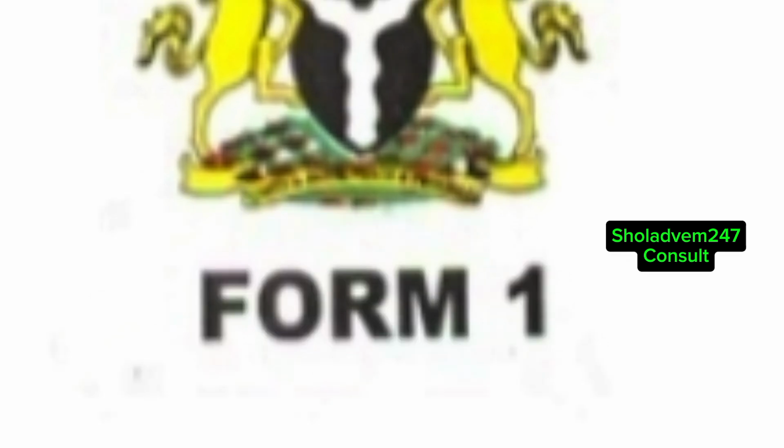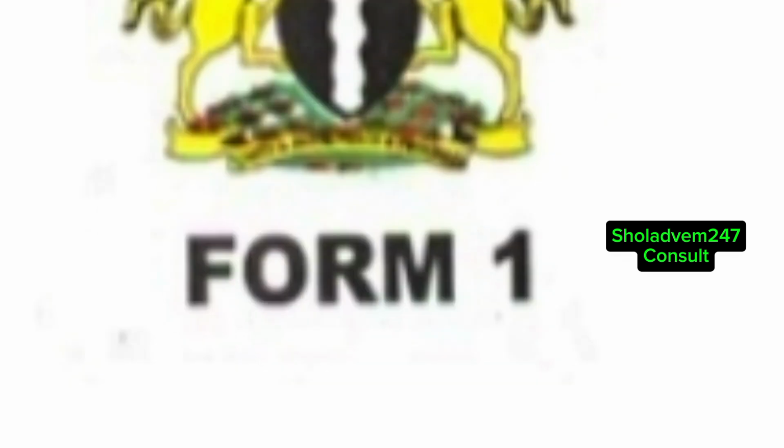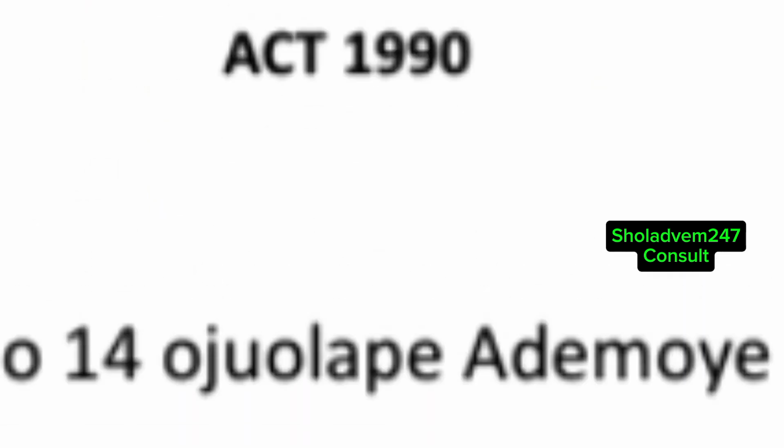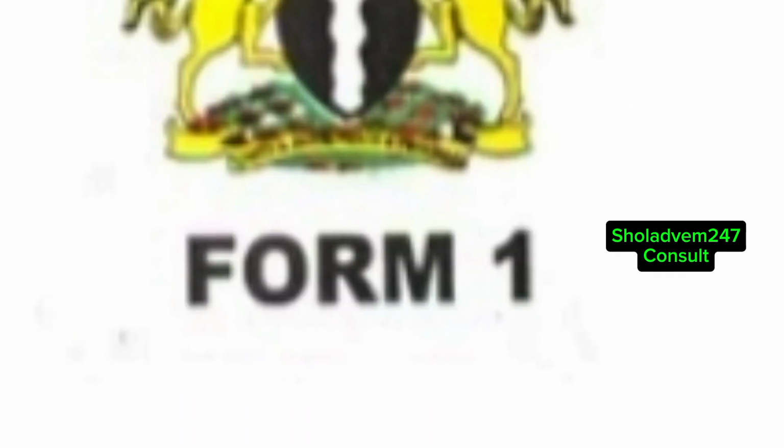So this is how you re-upload your power of attorney after you might have done your filing and every other thing on the portal, and also how you can check to confirm if it has been uploaded correctly. Yes, because you need to make sure you confirm that before it is being approved. So once that is done, you are in a safe hand.